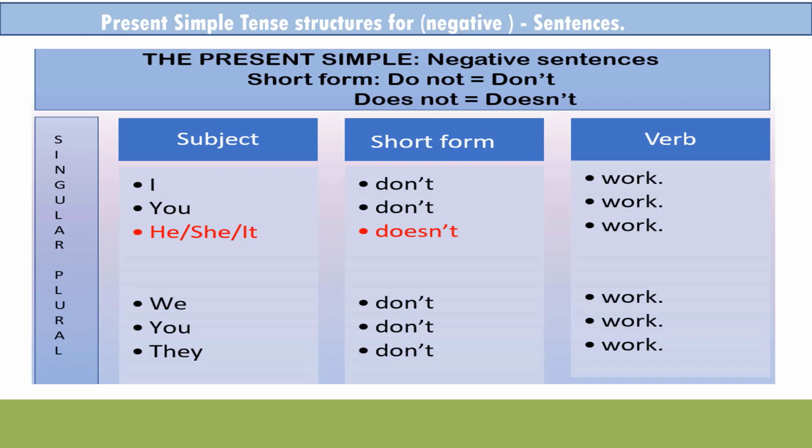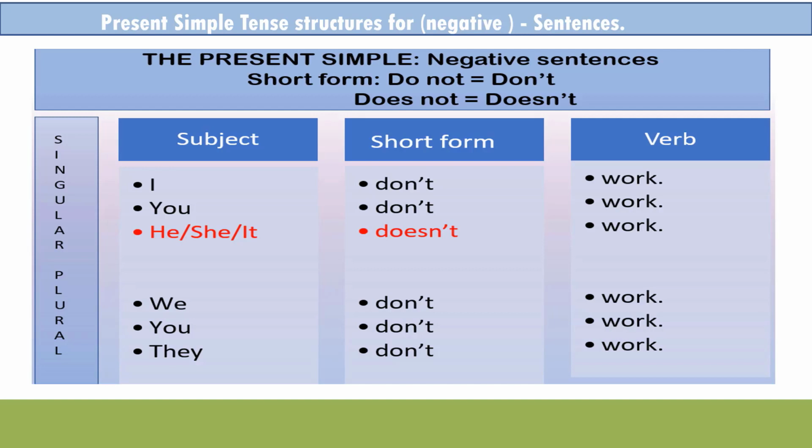The subject, again we've got the singular subjects I, you, and third person singular he, she, it. And then we've got the plural we, you, they. And then we've got the short form of the auxiliary verb. Okay, so we've got don't and doesn't.